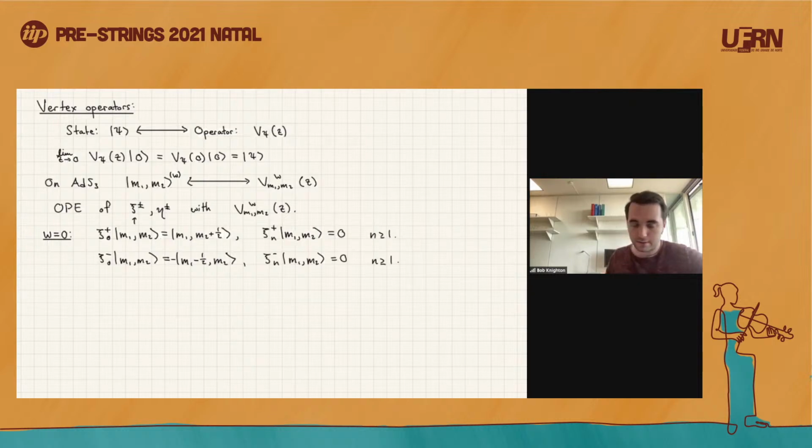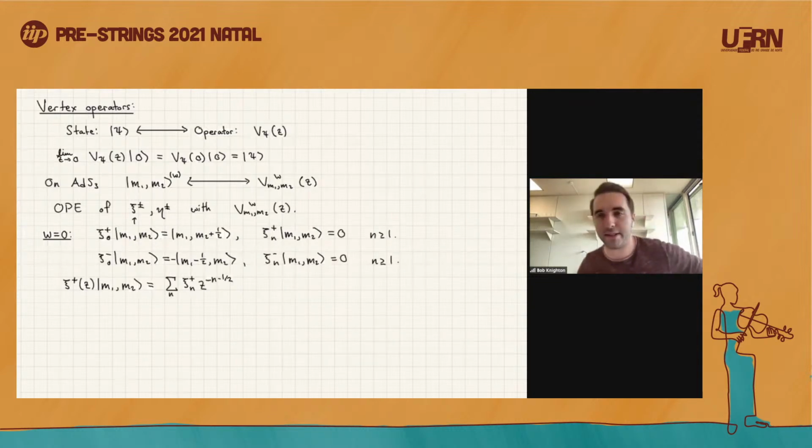The basic way you can do this is to first start by giving, say, psi plus some z dependence and seeing how that, as a function of z, acts on the state. There's a mode expansion that we can use. We break up psi into modes, and each mode has a factor of z to the minus n minus 1/2, the 1/2 because psi has conformal dimension 1/2, acting on the state m1, m2.